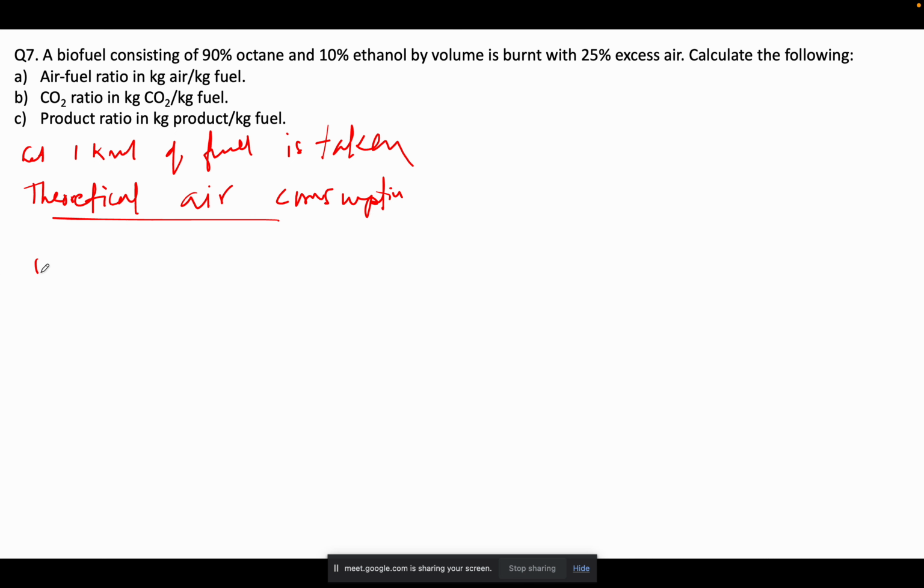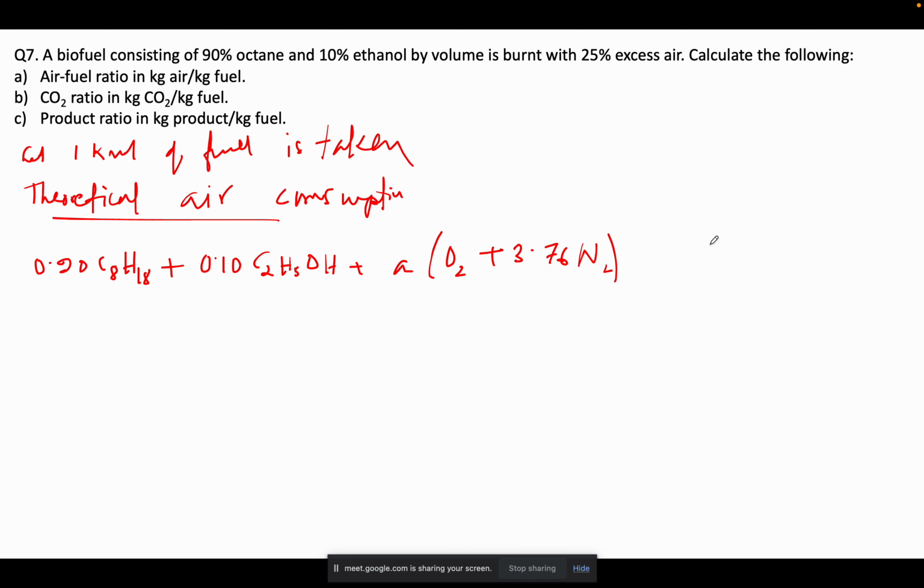That will be 0.90 octane, which is C8H18, plus 10% ethanol, that is 0.10 C2H5OH. Okay, and we don't know what is the theoretical air required, so this will be A O2 plus 3.76 N2.